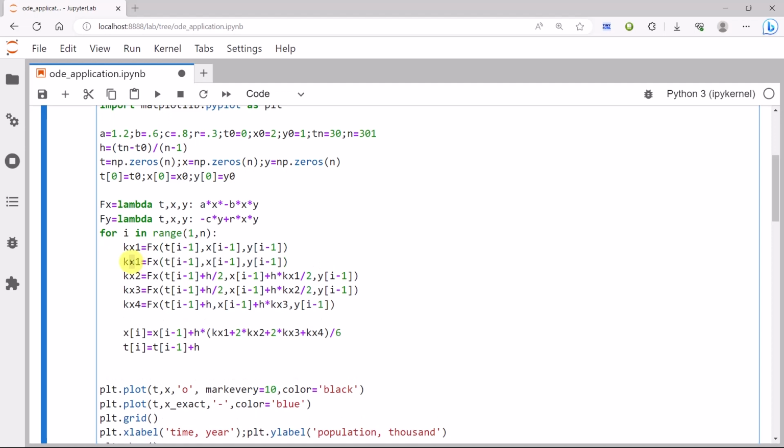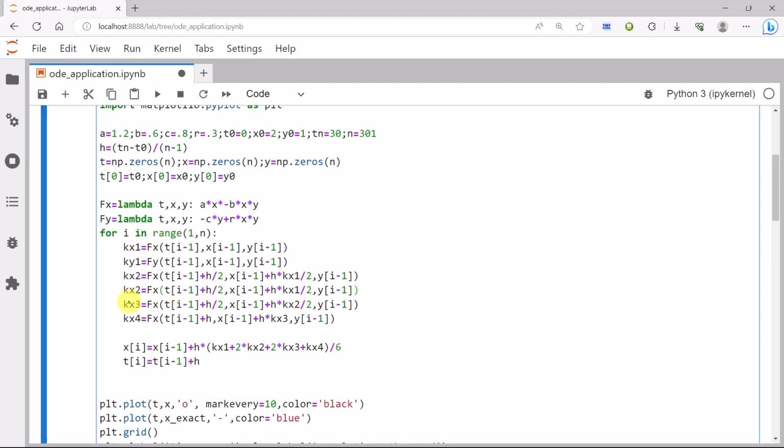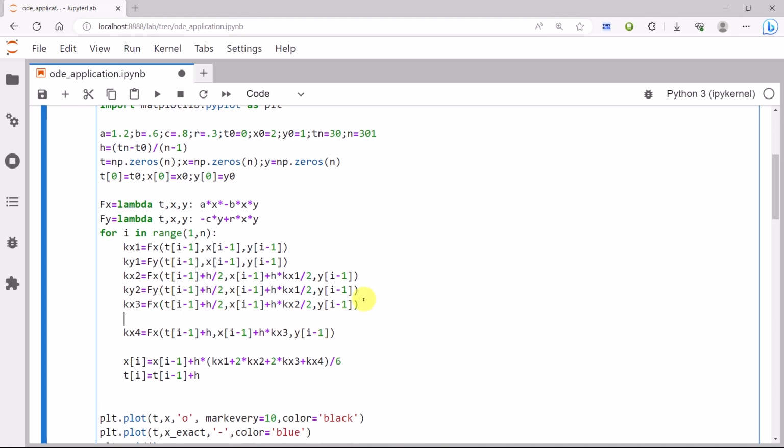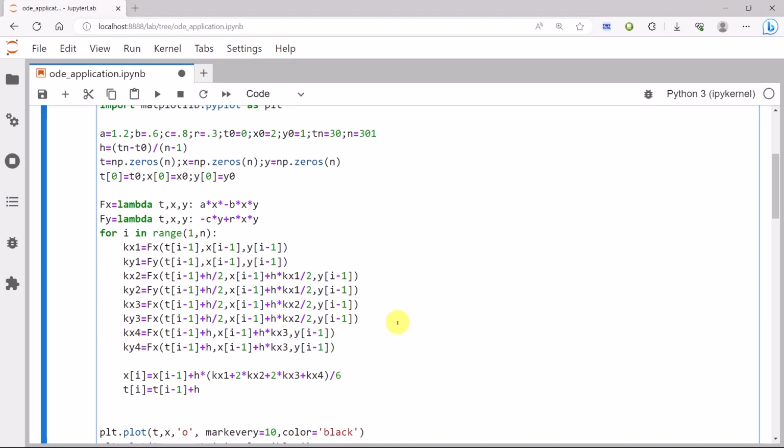So this would be my ky1 and this f of y. Similarly here ky2, this should be f of y. kx3, similarly I have ky3 and kx4, ky4.